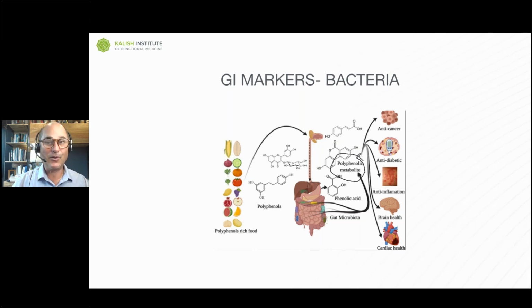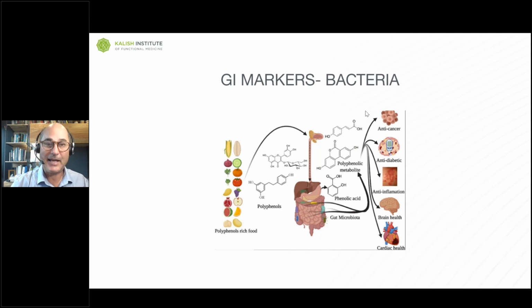So if they're low, it means you're at risk of cancer, diabetes, being inflamed, having your brain mess up, and having some kind of atherosclerosis cardiac event. Okay, so these polyphenol markers are important to keep in the high normal range. Too high, dysbiosis; too low, at risk for all this stuff. And we have the testing already.